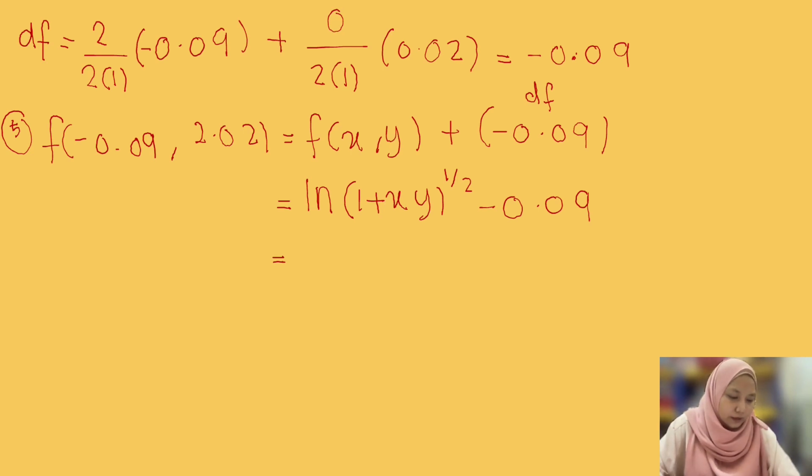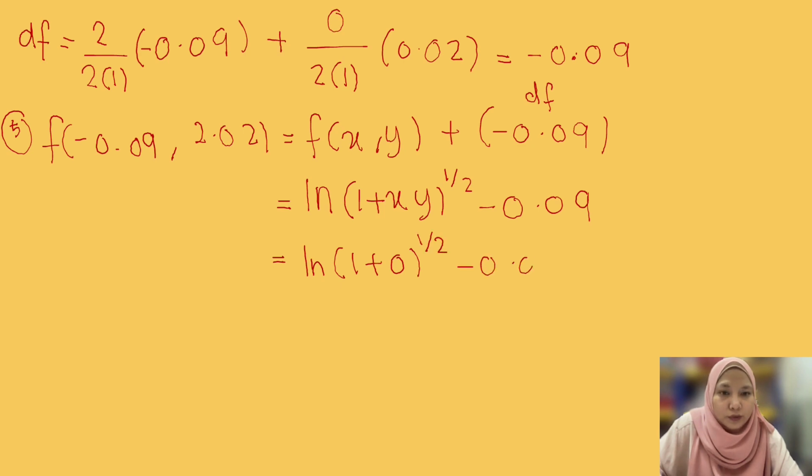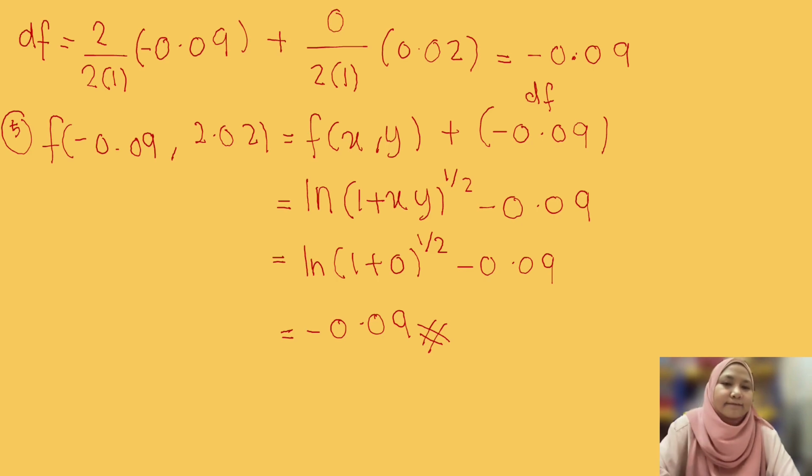The point given is 0 and 2. So we get natural log of (1 plus 0 multiplied by 2, which is 0) to the power of 1 over 2, minus 0.09. Calculate this using the calculator, we get negative 0.09. This is our final answer.